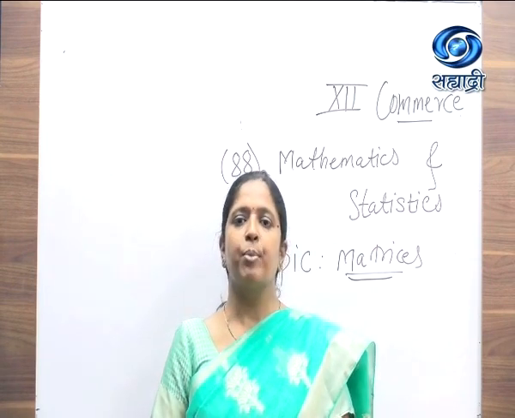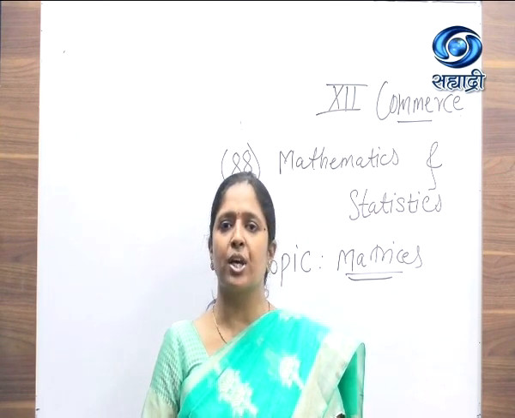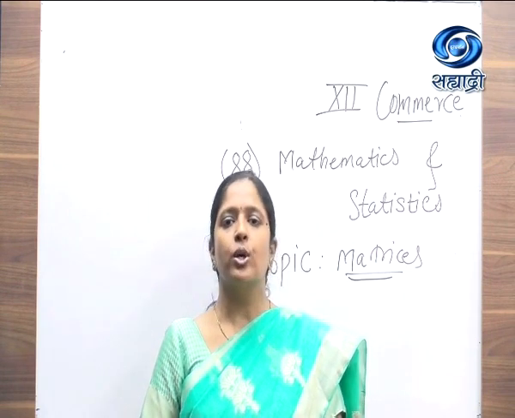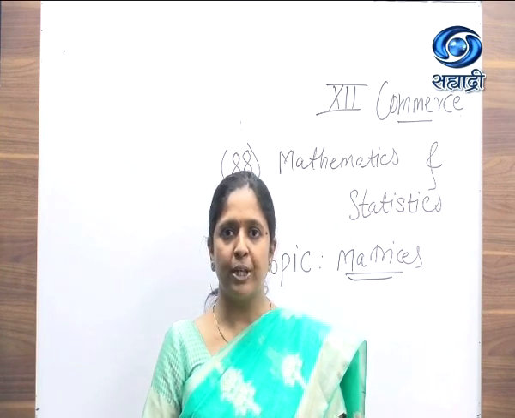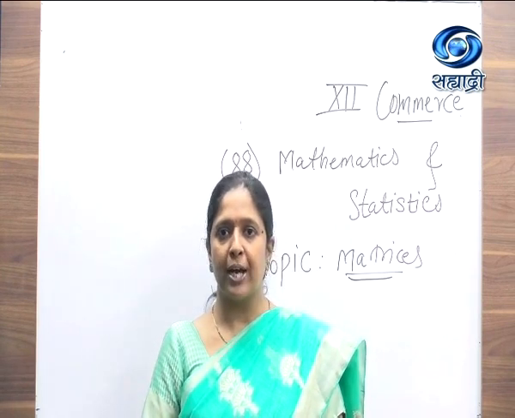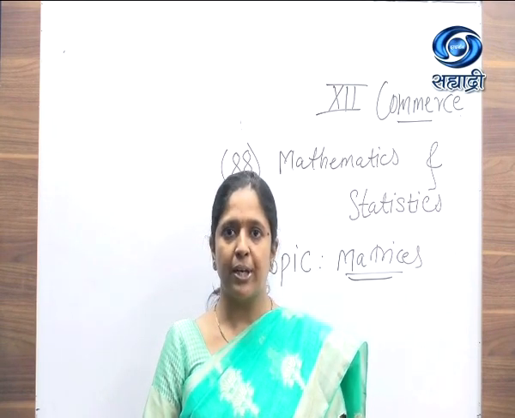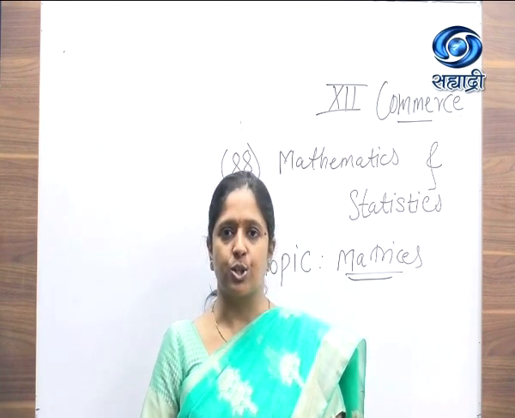Then we have done the algebra of matrices. Whenever we have any set of numbers or any set of matrices, algebra is associated. In algebra, we have done transpose of a matrix, then equality of two matrices, addition of two matrices, subtraction of two matrices, then scalar multiplication, and the last important point is matrix multiplication.